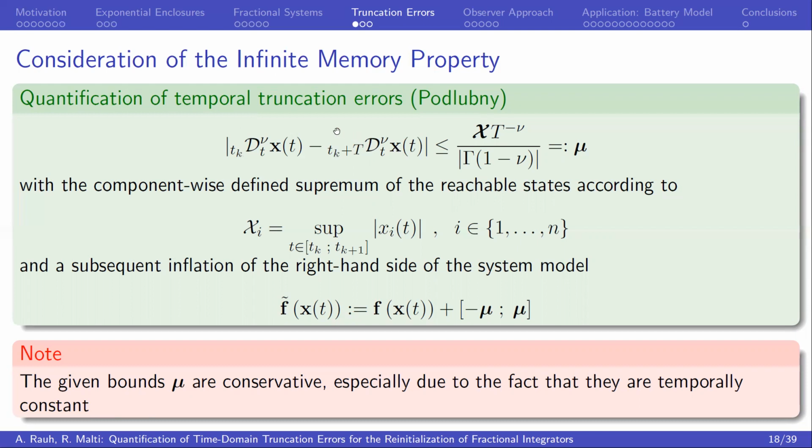We can shift the initialization point of time to this future point of time tk plus capital T by just adding the corresponding interval bounds, which are temporally constant, to the right-hand side of the original system model, and use this augmented system model for integrating the corresponding fractional system equations. What you can obviously see is that, because these given bounds are temporally constant, they are prone to be conservative, and this is something we want to tackle in the remainder of this talk.